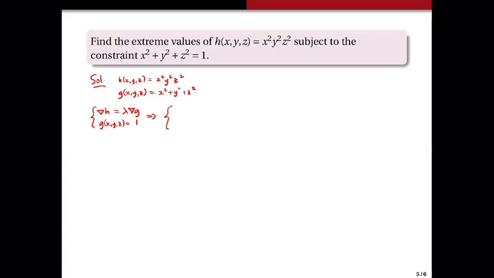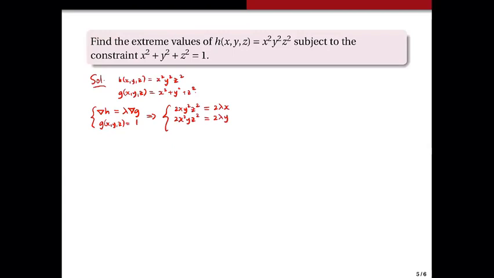So let's start. Partial derivative with respect to x. We will have here 2x y squared z squared on the left-hand side. And then on the right-hand side, we'll just have 2 lambda x. For the second equation, we have 2x squared y z squared, and then on the right-hand side, we have 2 lambda y.